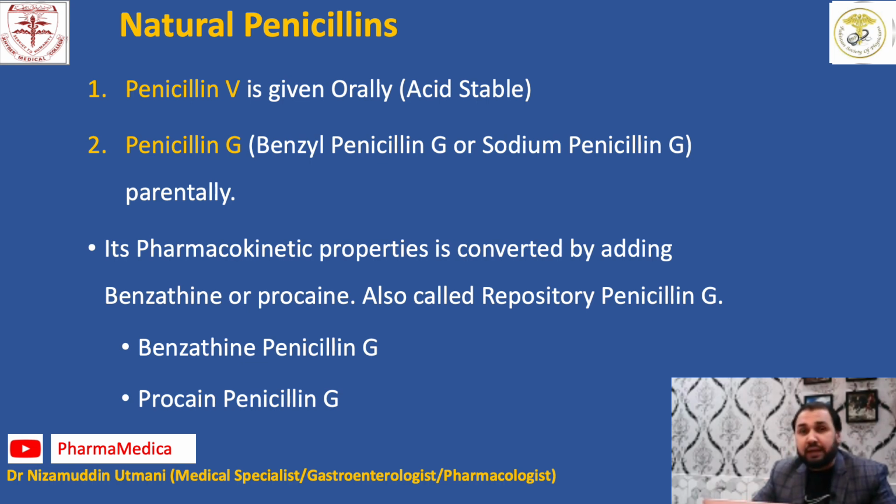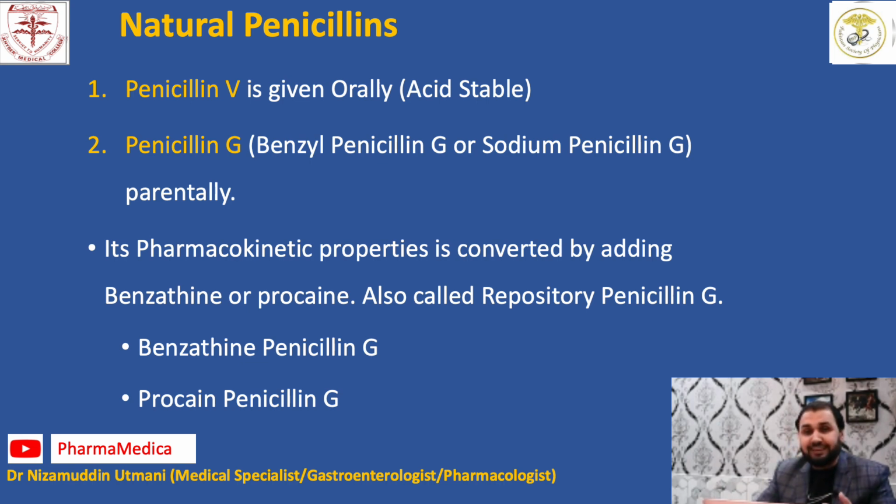By adding benzathine, the natural penicillin becomes benzathine benzylpenicillin, and by adding procaine, the natural penicillin becomes procaine benzylpenicillin, or in short we can say benzathine penicillin and procaine penicillin.